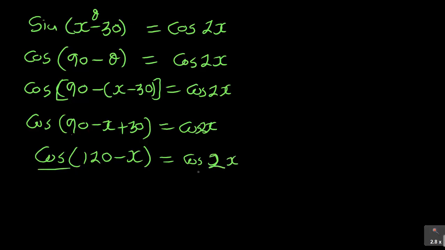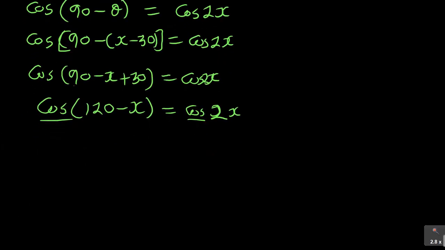So now, because I've got cos and cos, I can drop the cos so that I have, and say therefore, in this case, 120 degrees minus x is equal to 2x. Now, at this stage, actually let me use a different marker here. Look at this now, how I drop it.